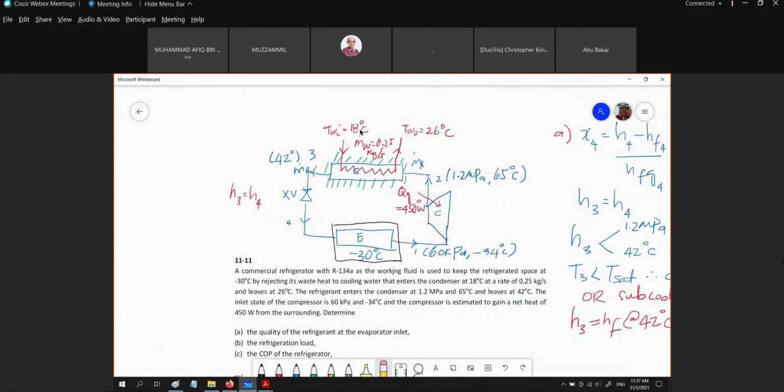The temperature is 18 degrees C and 26 degrees C. Assuming ambient pressure, the state at I and naught for the cooling water is compressed liquid.